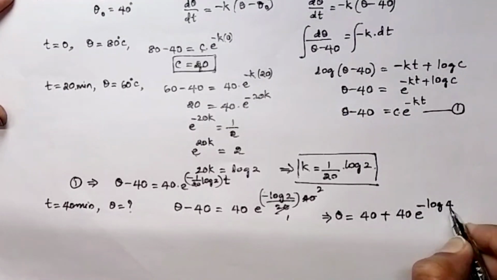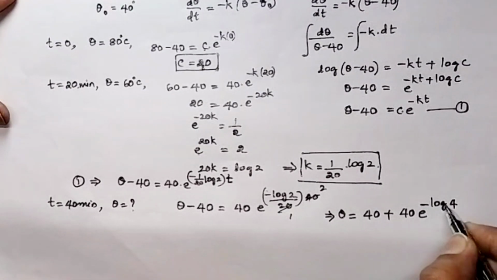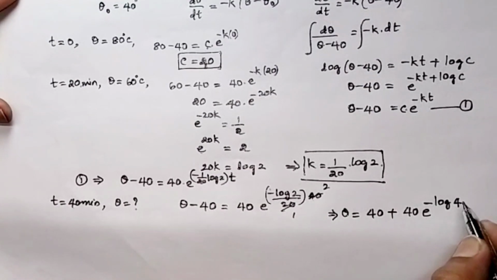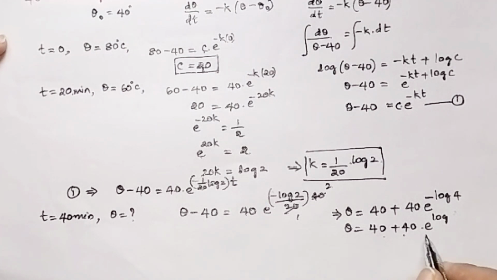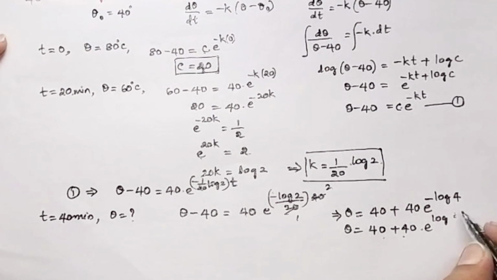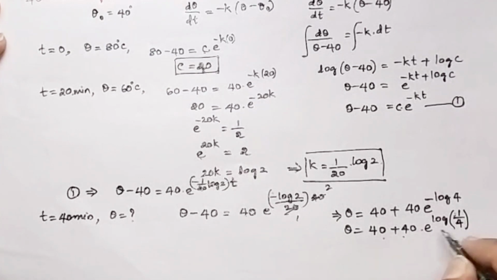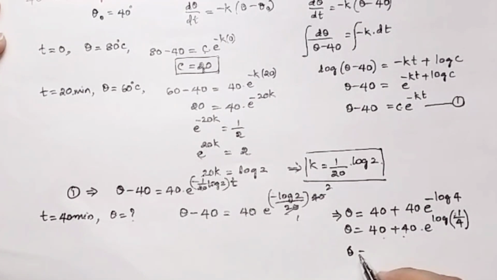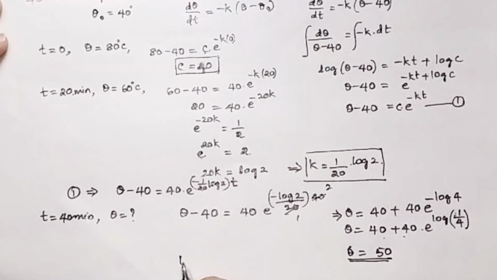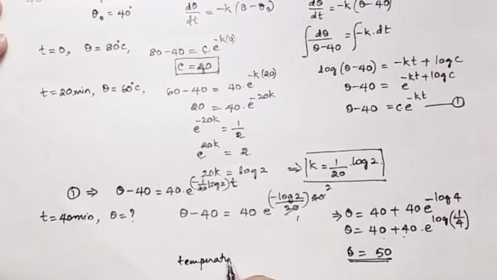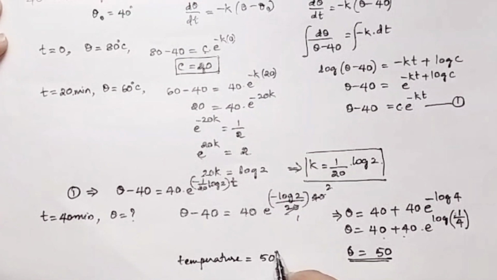Now this minus also can be taken to the power of the value. So θ is equal to 40 plus 40 into e to the power log of 4 to the power minus 1, which is nothing but 1 by 4. Now exponential and log cancel, then 40 into 1 by 4 is 10. So θ is equal to 50. Therefore, the temperature after 40 minutes is 50 degree Celsius.